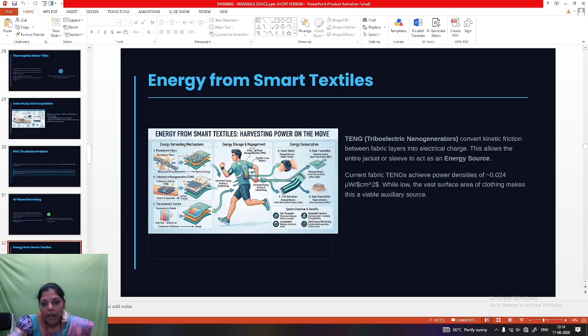Energy storage management, energy consumption. Convert kinetic friction between fabric layers into an electrical source. This allows the entire jacket to serve as an energy source. Current fabric energy consumption: smartwatches, transistors, LED integrated data transistors.